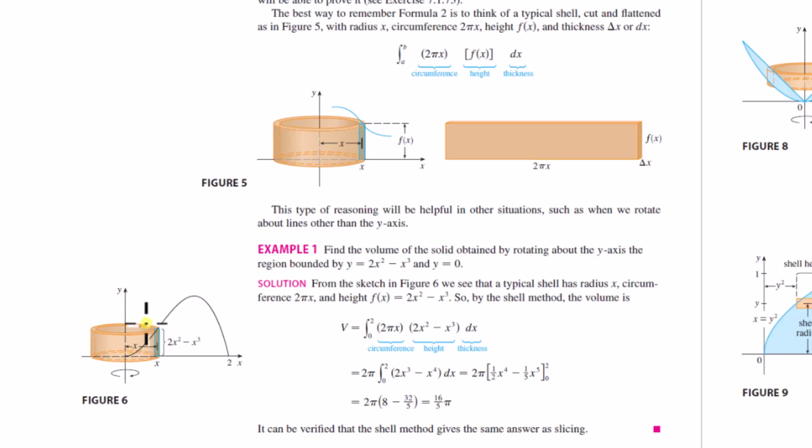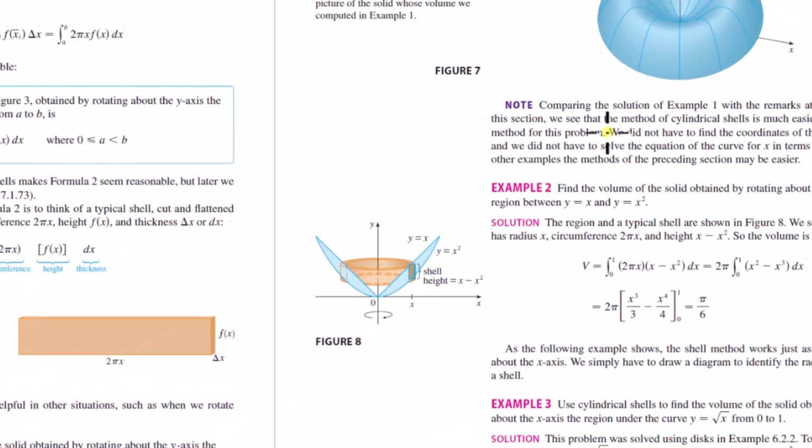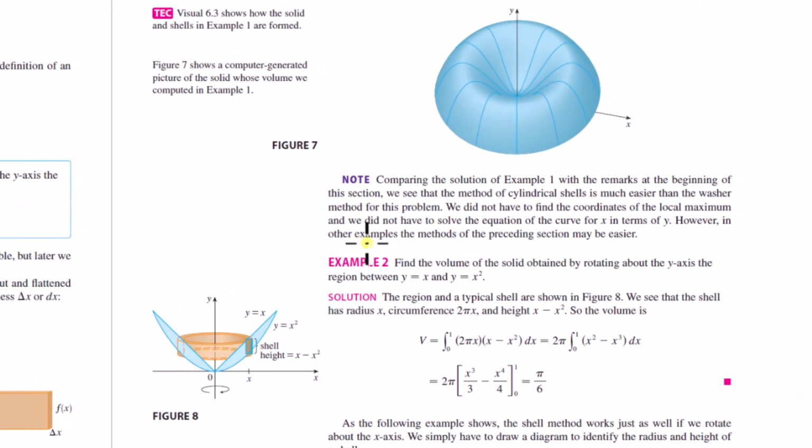In this case, it was kind of clearly set up. We just went from 0 to 2. So it's saying, though, in this case, shells was easier, but in other scenarios, shells aren't necessarily easier. It just depends. So for a solid of revolution, it's which method is easier, the disc washer method or the shell method. It just depends on the problem.